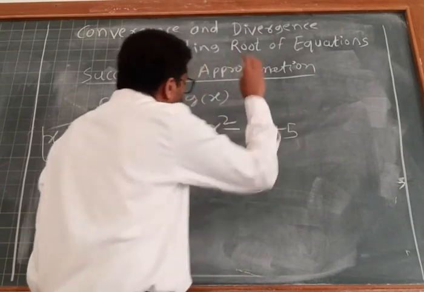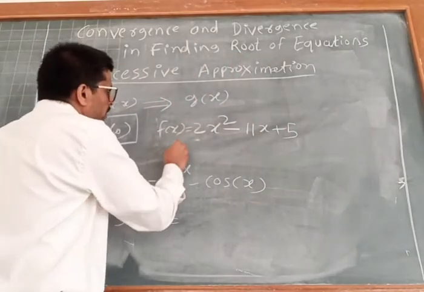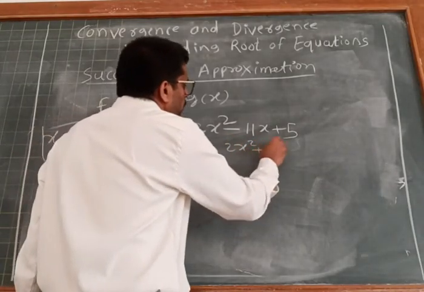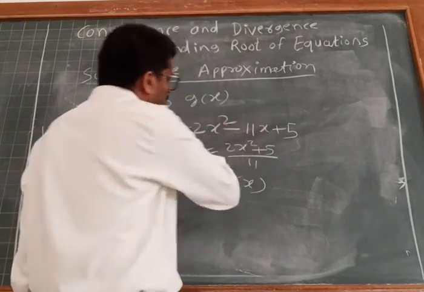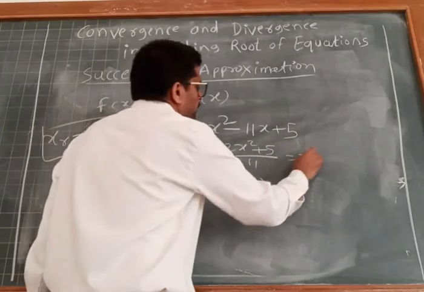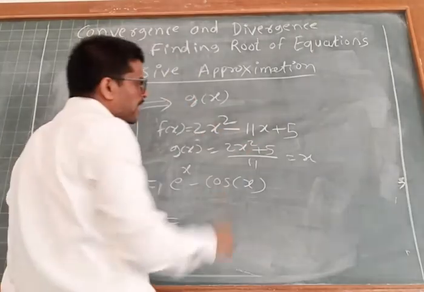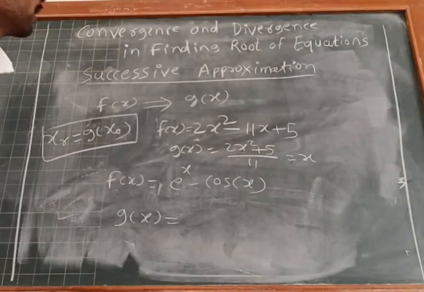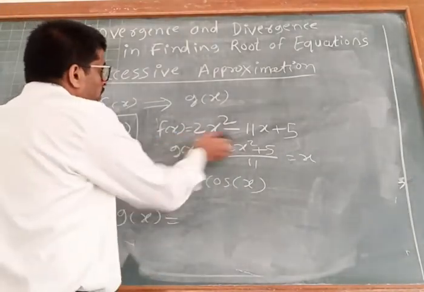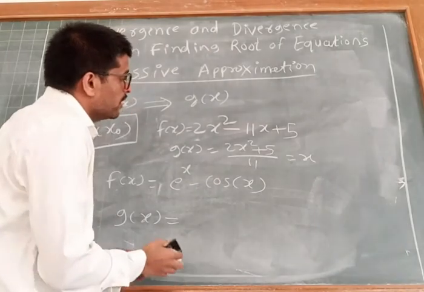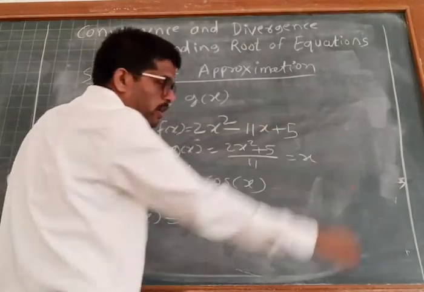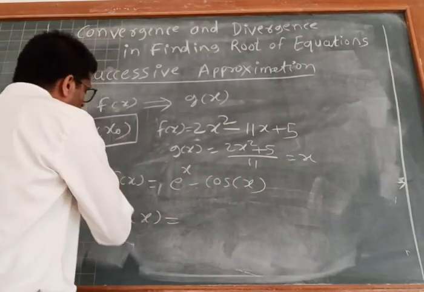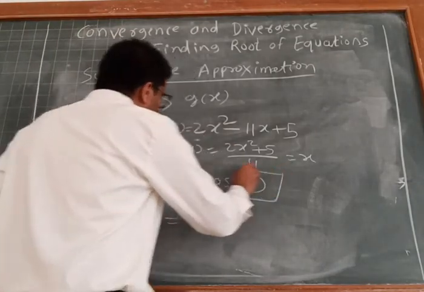For that equation, g of x is equal to 2x square plus 5 divided by 11. By taking x on one side, we can rewrite the equation, and that we consider g of x. Because here it is easy to take x common and easy to take x on the other side of the equal sign. So this is g of x. But in this equation, it is difficult to take x common.